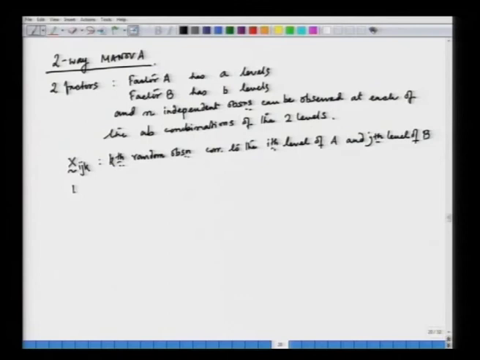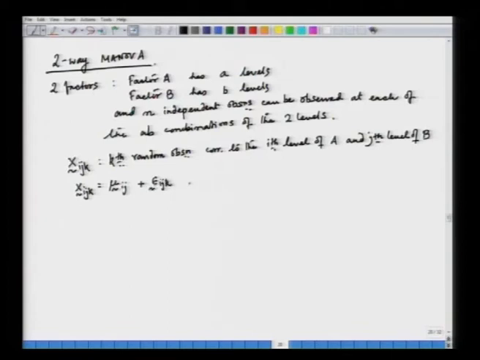Again, I assume a very simple model for this MANOVA analysis, and I have x, i, j, k equal to mu i, j plus an error part, the mean effect part and the error part.